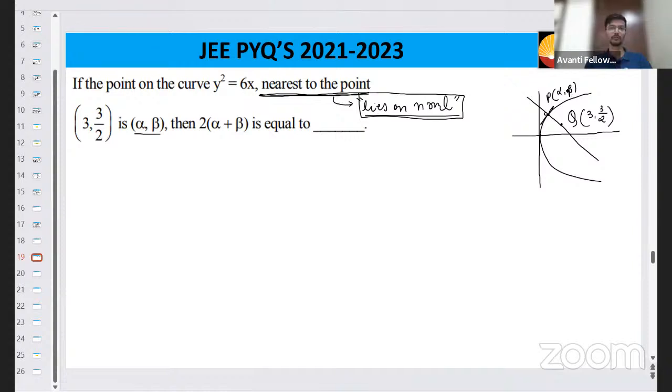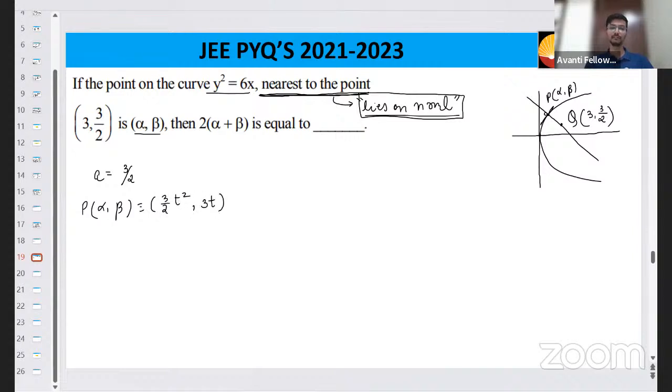Correct? So from this parabola, we can say the value of a is 3 by 2. Now, we have to write the equation of the normal. So let's say point P, which is alpha comma beta, it is better to assume it in parametric form, (at square, 2at), so (3/2 t square, 3t).